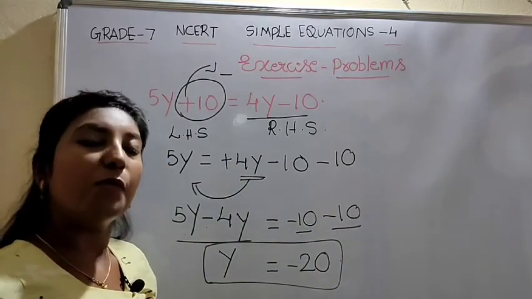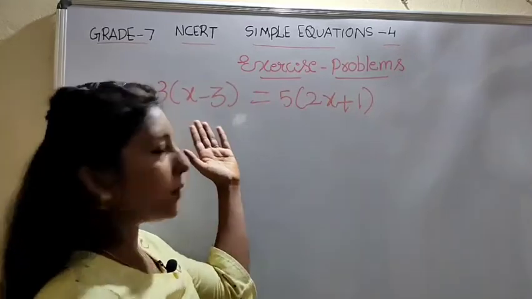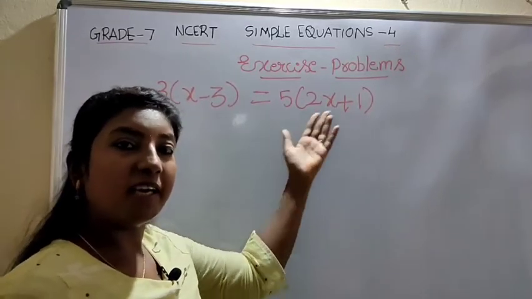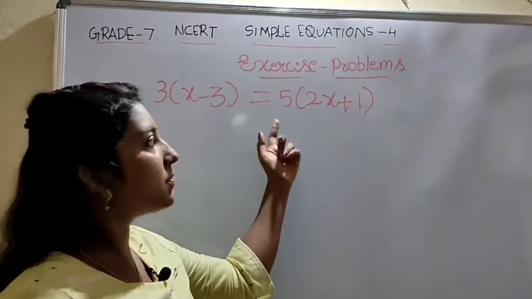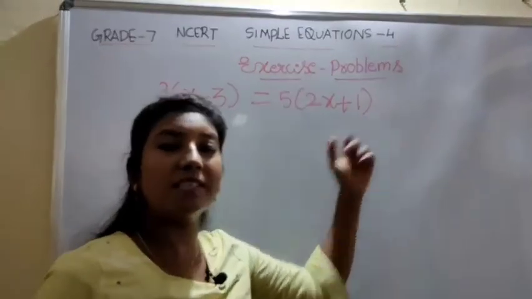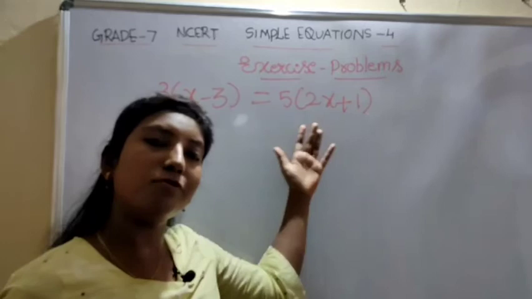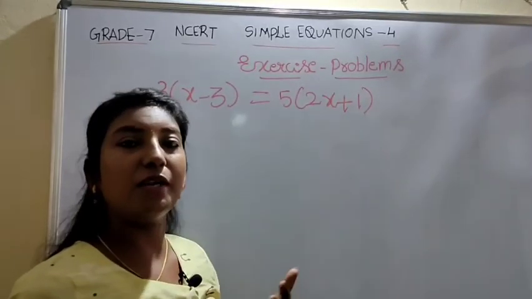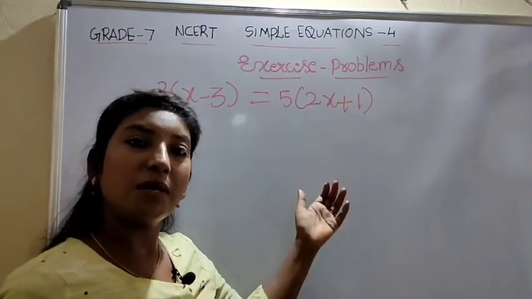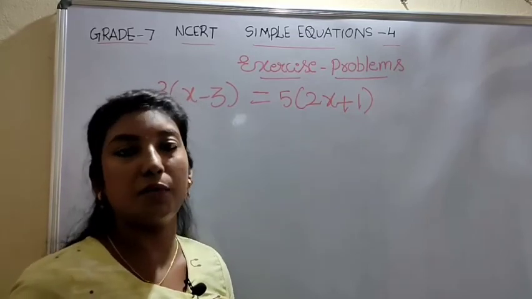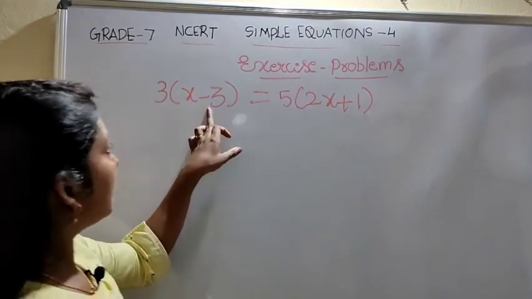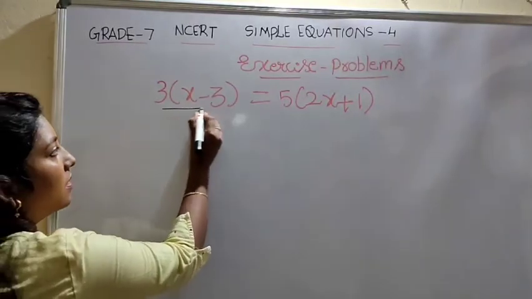Now let us see one more example. So here I am taking an equation, that is 3 into x minus 3 equals to 5 into 2x plus 1. Now let us see how to solve this equation using transposing method. So here I am doing transposing method, which is easy for you to solve any equation. Now here we have the multiplication.